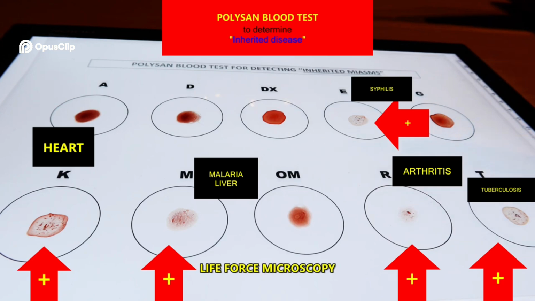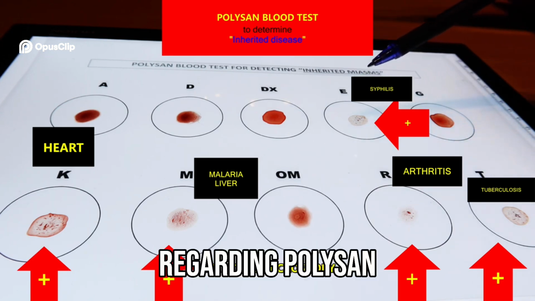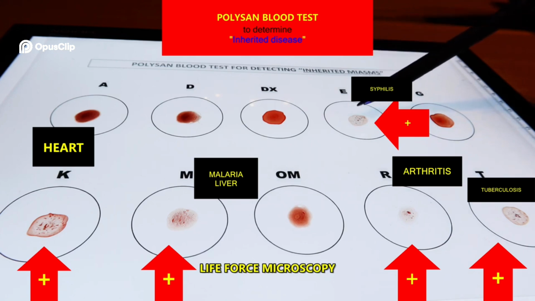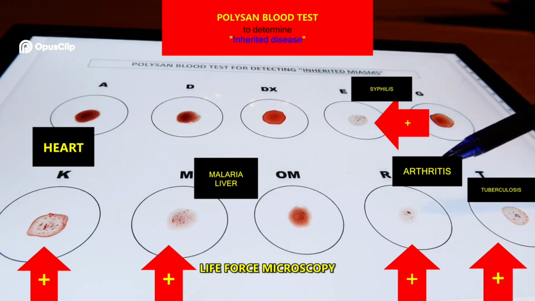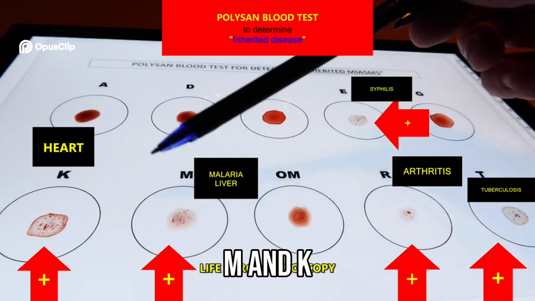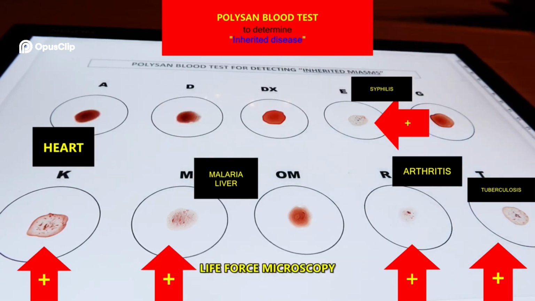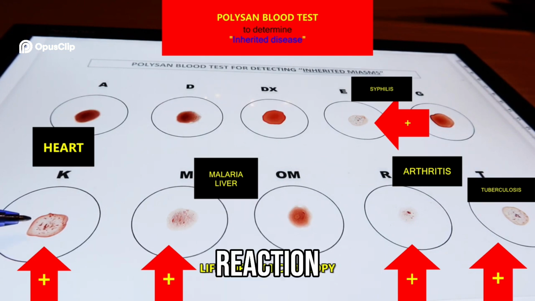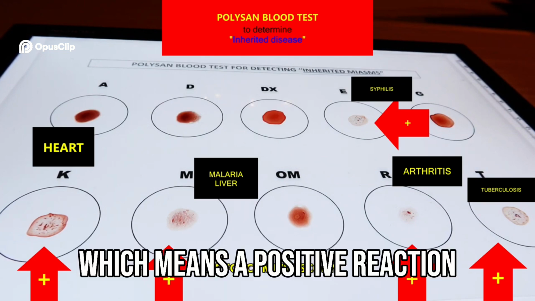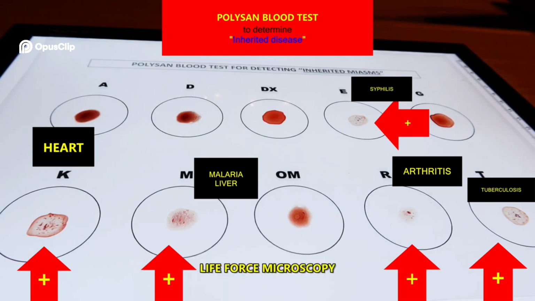Only regarding Polysan E, T, R, M, and K, we can clearly see an agglutination reaction, which means a positive reaction.